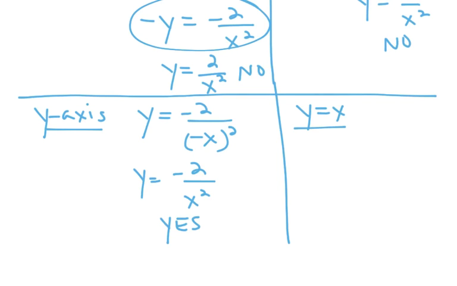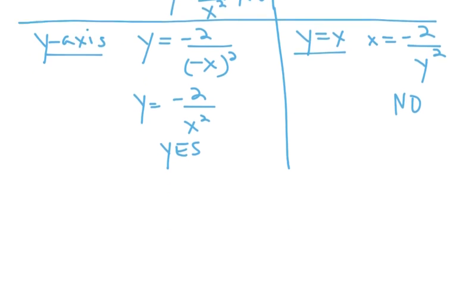Now let's check over y equals x. If I flip x and y, is it the same equation? Anytime one of the variables has an exponent that's different from another variable, it's not going to be the same equation, because in our original equation, we want x to be negative.